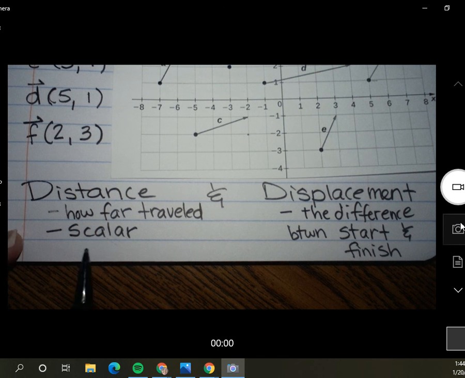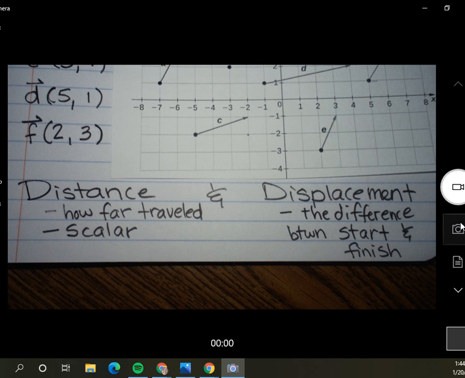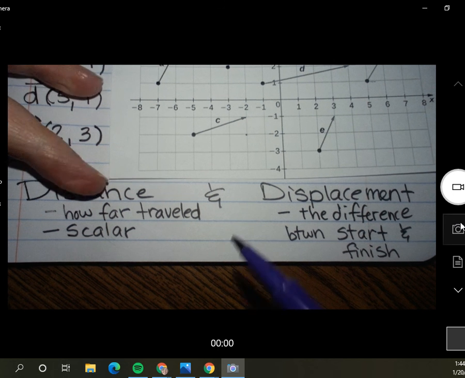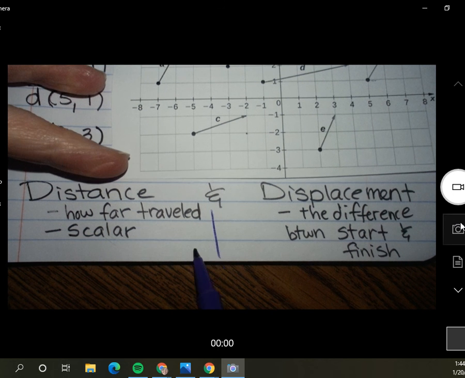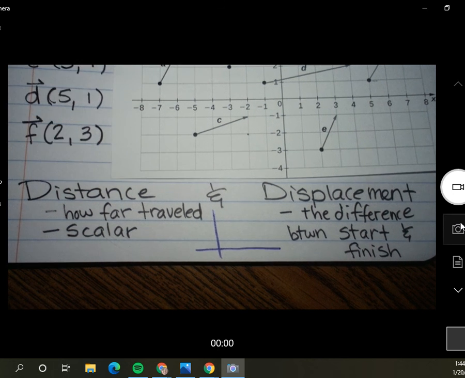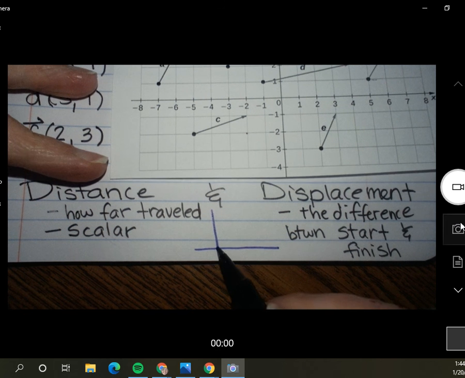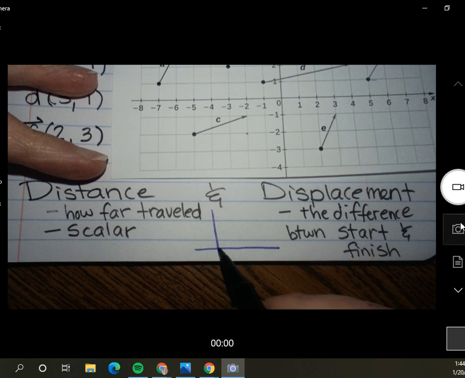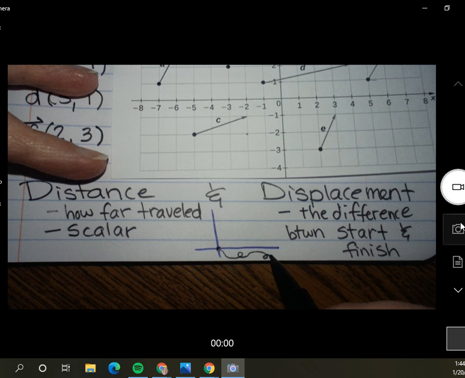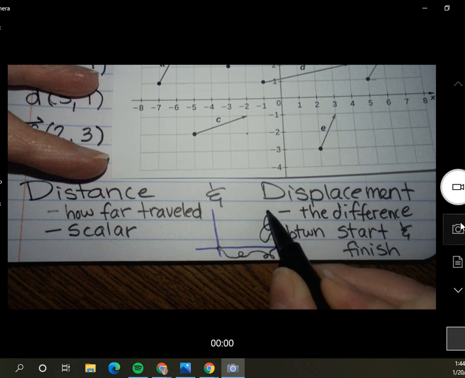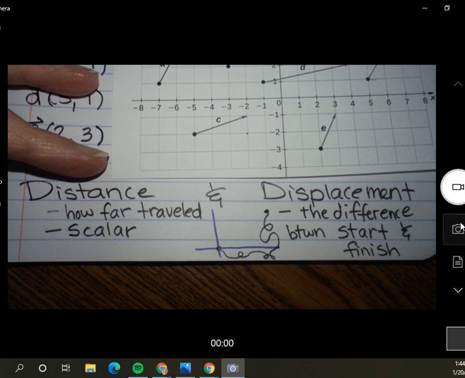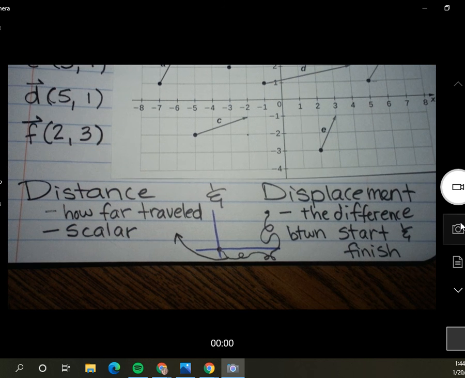Okay, so we want to kind of think about that. We could put a little drawing with it to make sure we think about our coordinate plane again. If I started here, okay, we'll kind of change it a little bit, and I went this way and down and around and up and over, and I ended right here. This is my distance.